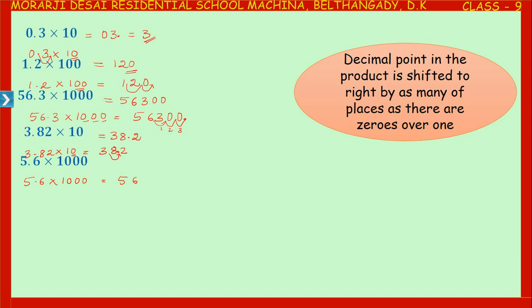Actually the point is here, 5.6. One step. If no digits, put 0. Then two steps, put 0. Three steps, 1 step, 2 step, 3 step. There are three zeros. We have moved three steps. So the point comes here. That is equal to 5600.